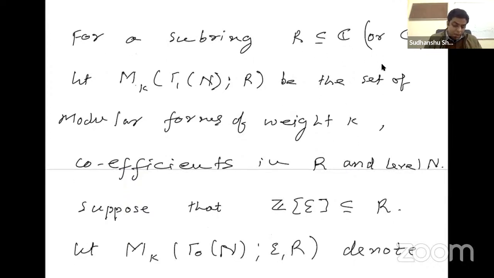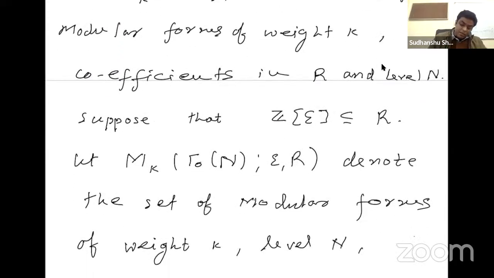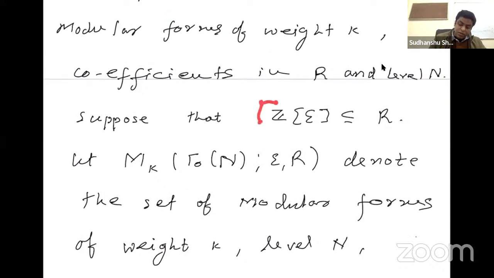This is actually an R-module. If R is a field, then it's a vector space. And in particular, if I take rings which contain all the image of this character epsilon.